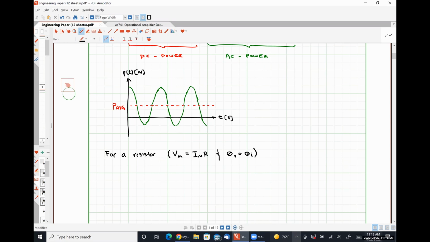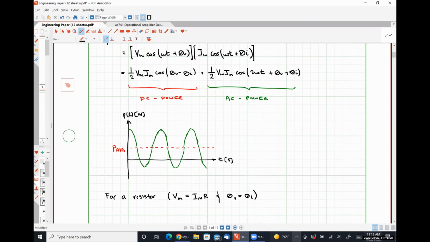So if we use these relationships and plug it into our generic equation, we can write an equation for the instantaneous power absorbed by a resistor purely in terms of the voltage signal or purely in terms of the current signal, meaning that we don't have to know both pieces of information in order to calculate instantaneous and average power. Okay.